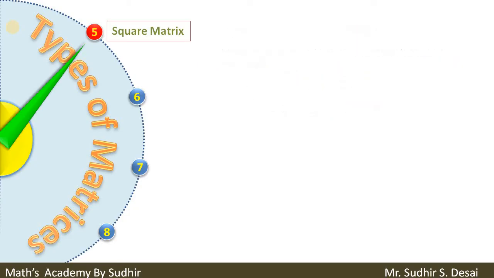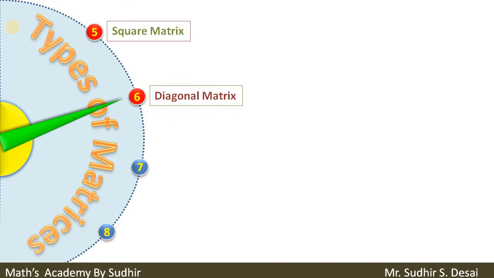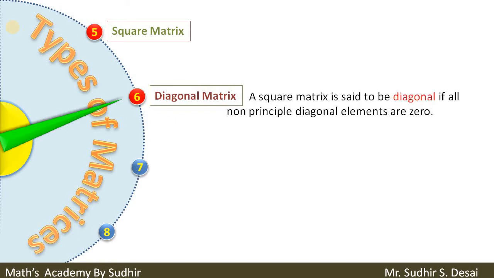The next definition, diagonal matrix. A square matrix is said to be diagonal if all non-principal diagonal elements are 0. Previously we have seen what the principal diagonal elements are. If non-principal diagonal elements are 0, then that matrix is called a diagonal matrix.